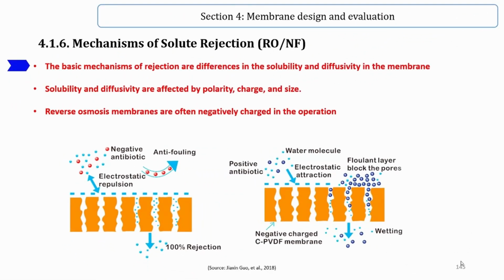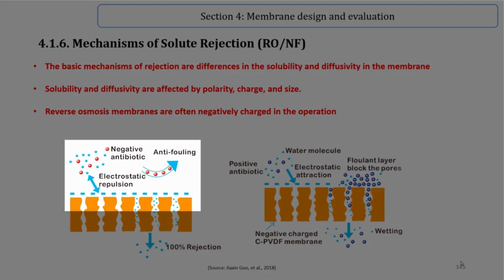The basic mechanisms of rejection are differences in the solubility and diffusivity in the membrane, of course along with electrostatic repulsion at the membrane surface. Solubility and diffusivity are affected by polarity, charge, and size. Reverse osmosis membranes are often negatively charged in operation.